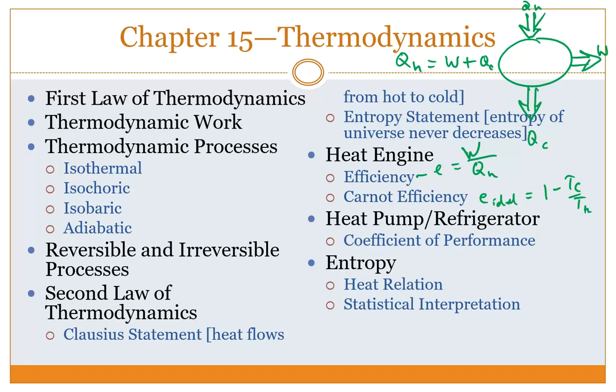And so that Carnot gives us the ideal efficiency. It tells us what we can aim for. So on our last test, you had a problem where you were to find what percentage of ideal efficiency you produced. That is, you were supposed to take these two and divide them to find what percentage of ideal you actually had. Okay, we did not talk about the heat pumps, and we didn't really talk about entropy.